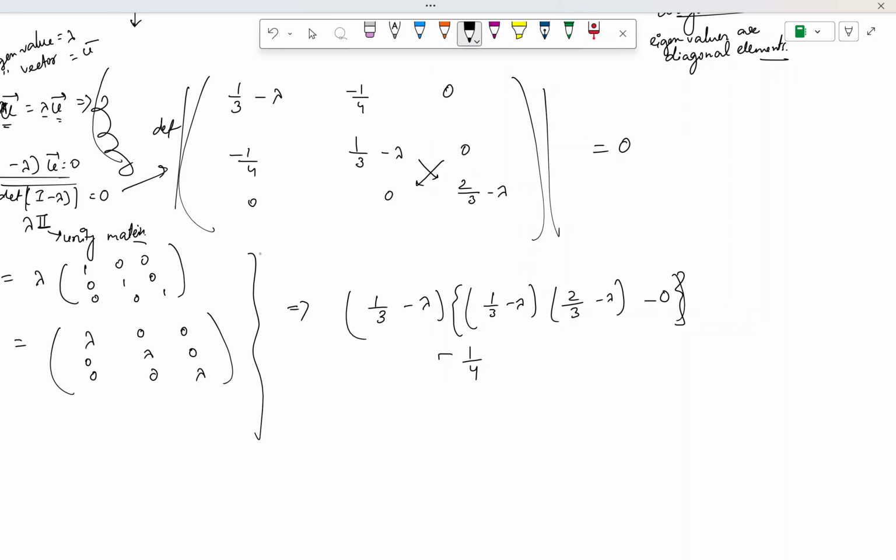So the third term will be anyway 0, and the second term will be 0, 0 minus something. So this is, sorry, I made a mistake, I think. Just let me check once.